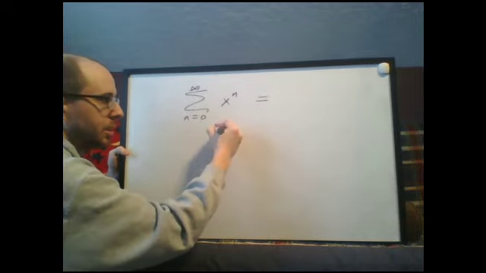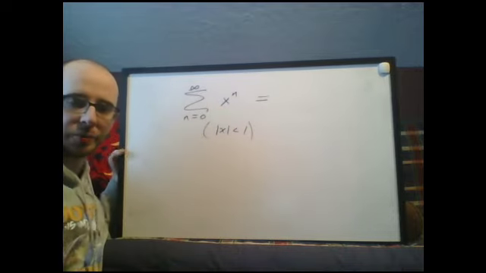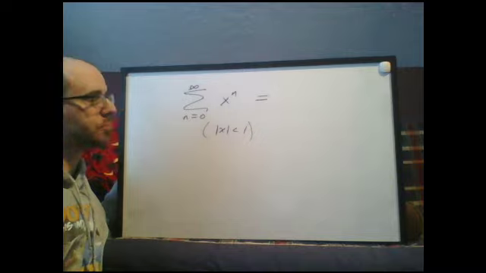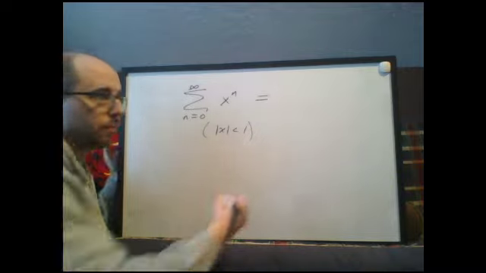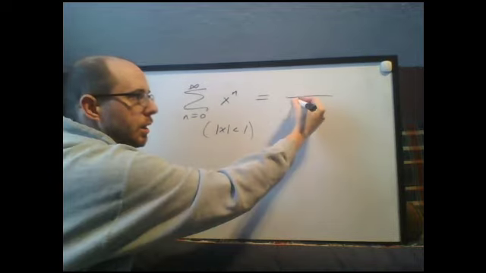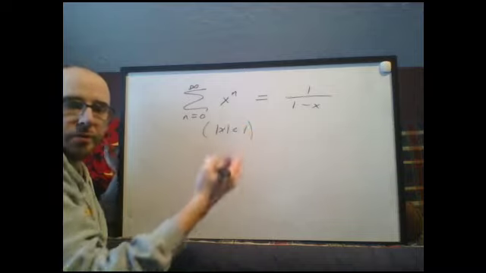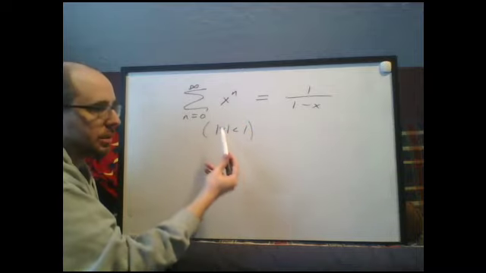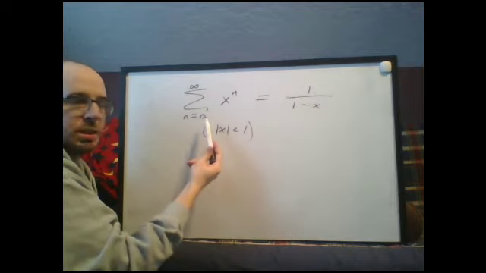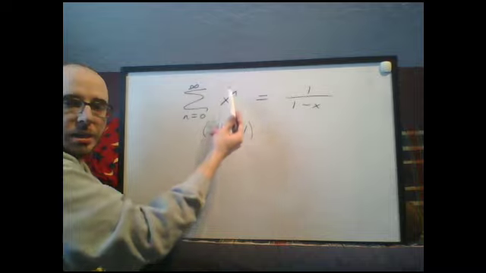So if x is absolute value less than 1, this thing is a convergent power series, a convergent geometric series. And its formula, the sum of this power series, is given by 1 over 1 minus x. So the r, the geometric series, the r is just x. So that one in the denominator. The initial term is when n equals 0 in the sum, my term would be x to 0, which is 1.